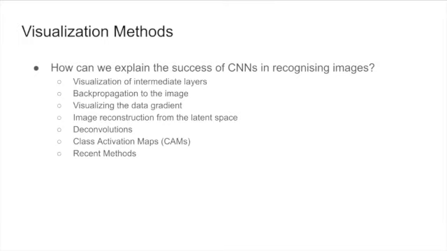Second is backpropagation of the image. Third is visualizing the data gradient. Fourth is image reconstruction from the latent space. Fifth is deconvolution, and sixth is class activation maps, and some recent methods, which are many.